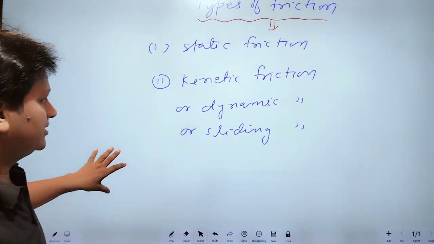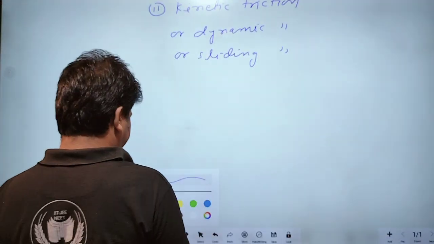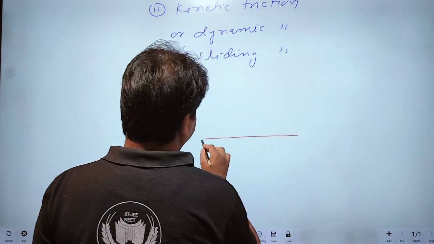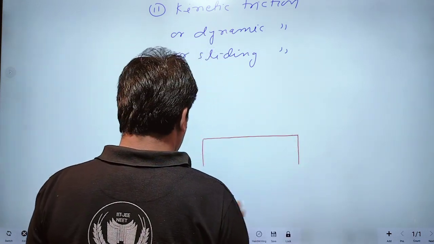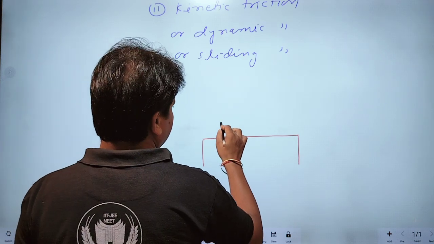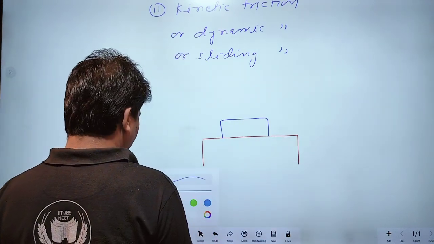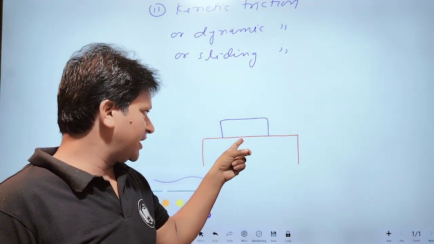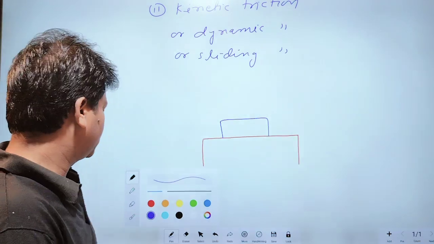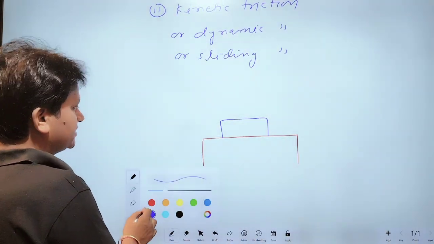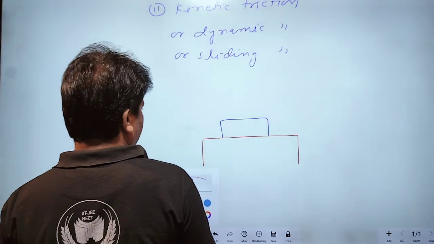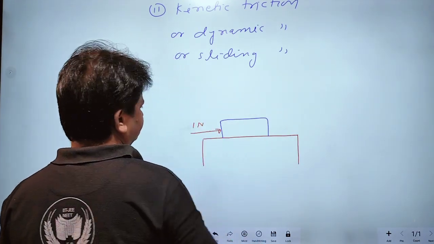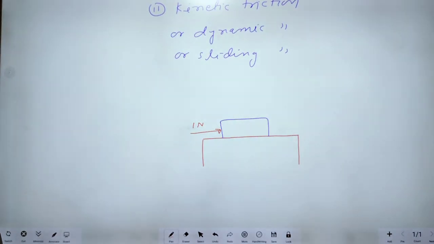Let us consider one example. This is the table and this is a block. The surfaces of the block and table are rough. Let us consider I apply a force of 1 Newton, but the block does not slide.